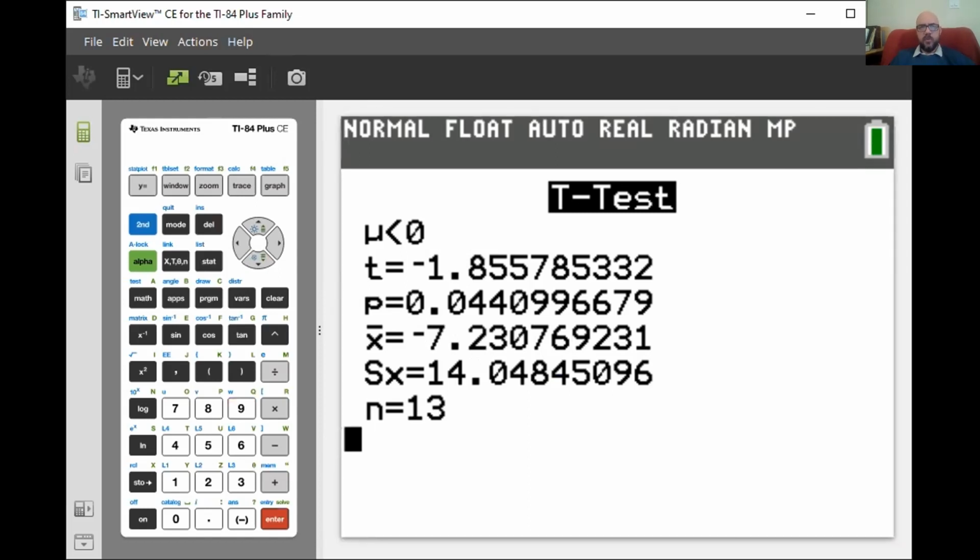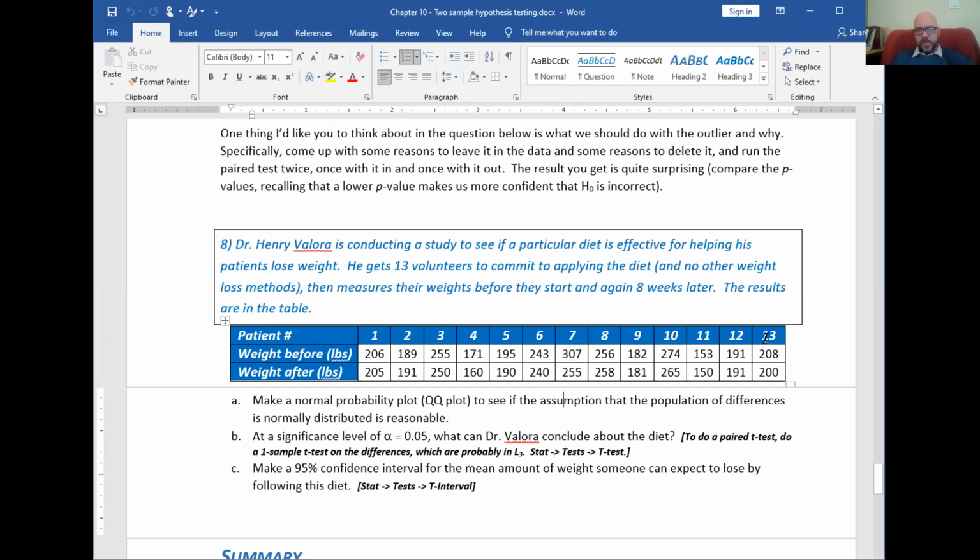So let's go look briefly at the data, because I want to point something out before we run this. There were 13 people, and if on average they lost 7 pounds, well, 7 times 13 is 91. So a grand total of 91, or probably actually 93 pounds, was lost in this entire study, right?